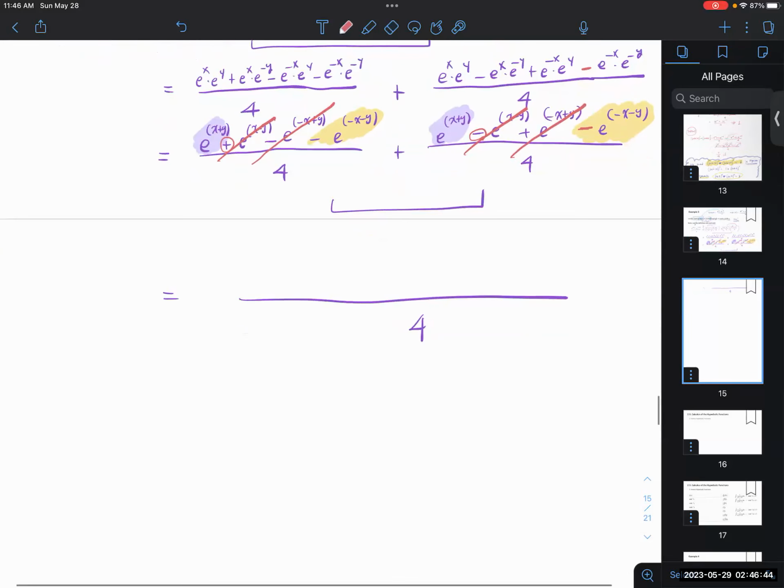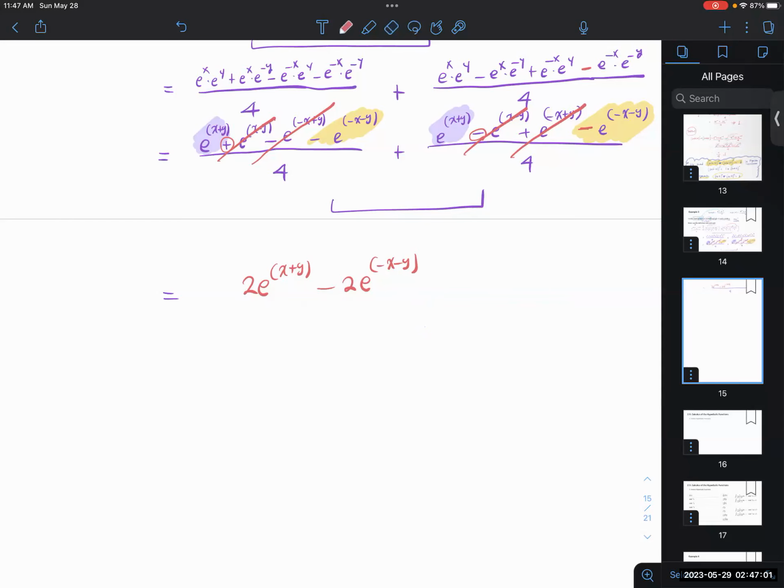So we have a 2e to the x plus y, and then we have negative 2e to the negative x minus y. And I'm going to make it smaller. So over 4, I can simplify everything by dividing by 2 to 2.